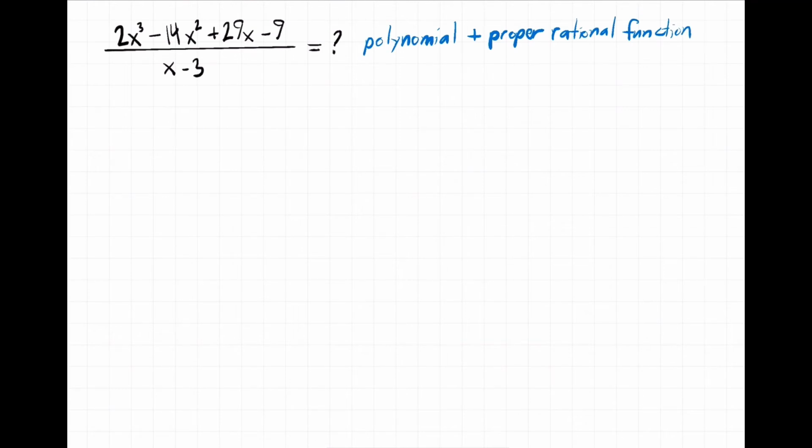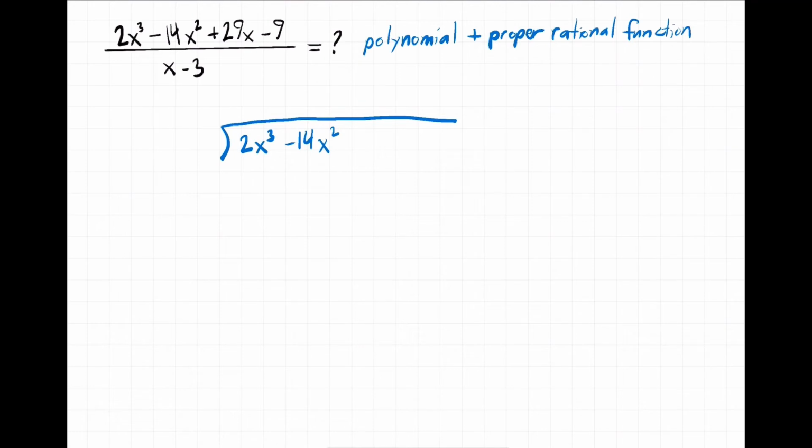So let's set up our long division problem the same way that we would if we were using integers here. I want to take the polynomial on top, that is 2x cubed minus 14x squared. Now be careful here. If you have a long polynomial with lots of terms, there may be some powers of x that are missing sometimes, and you should always incorporate that in there.